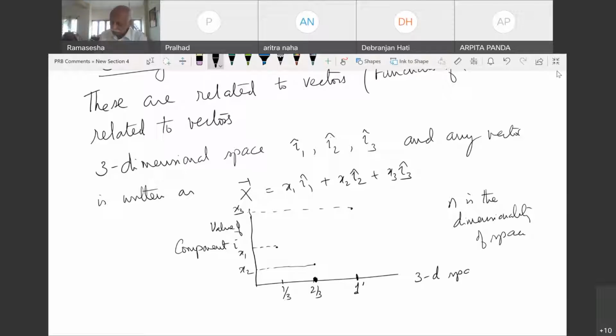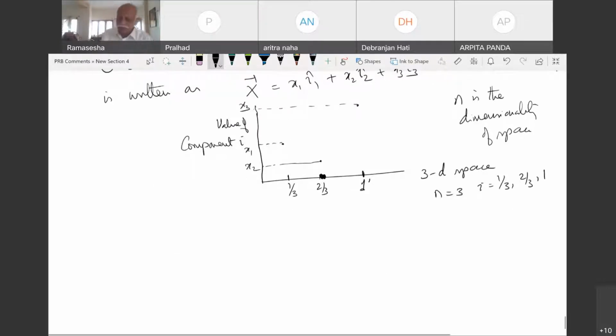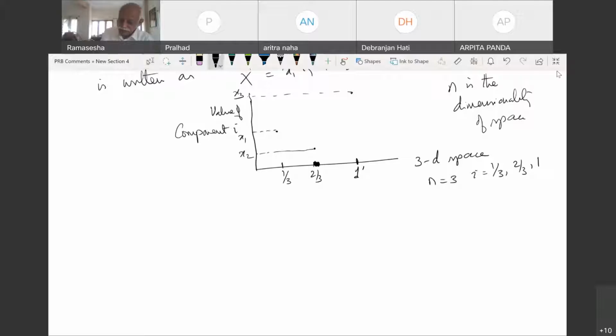Okay, so when I'm looking at the three-dimensional space, n is equal to 3, so I can take values 1/3, 2/3, and 1. I'm sorry, I did not present it properly. Now you see that you can draw these bars, and that will give you the vector.